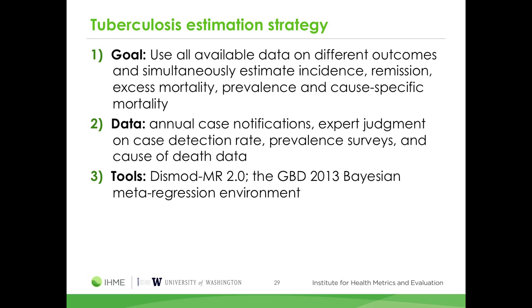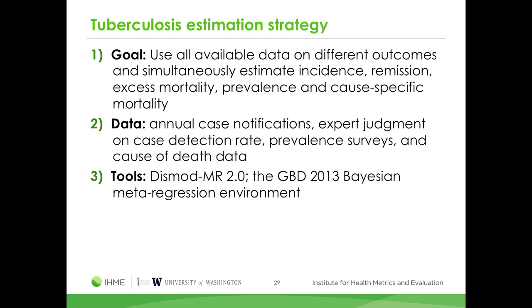So the goal, of course, is to use all the available information that exists on TB to come up with our best unbiased, coherent estimate with reasonable uncertainty for incidence, prevalence, and death for tuberculosis.